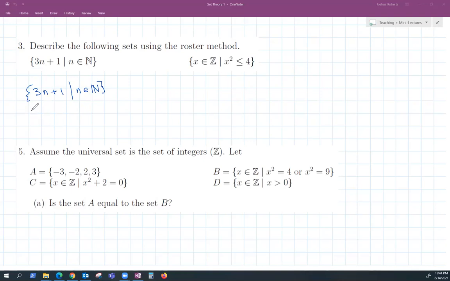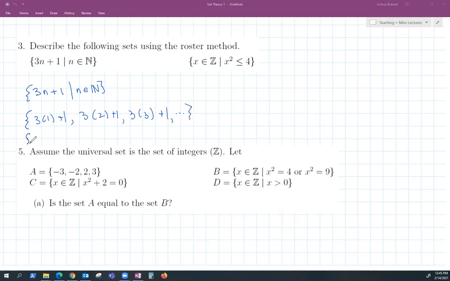This is especially useful when you are writing something in the roster method because you can just say, I'm looking at the natural numbers and I'm plugging them into that expression. So what am I going to get? If n is equal to 1, I'm going to get 3 times 1 plus 1. If n is equal to 2, 3 times 2 plus 1, 3 times 3 plus 1, and so on.